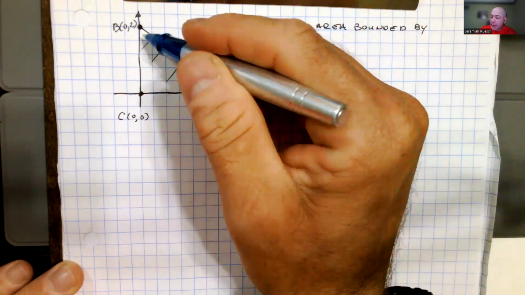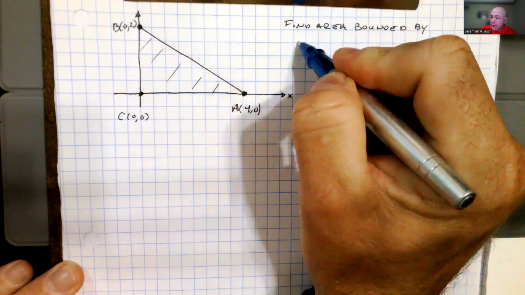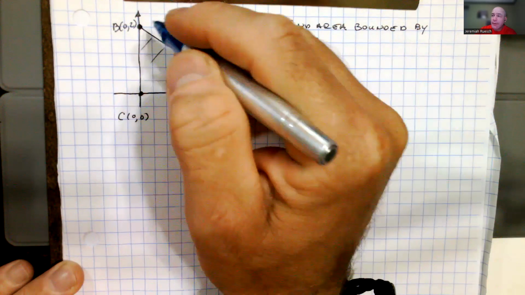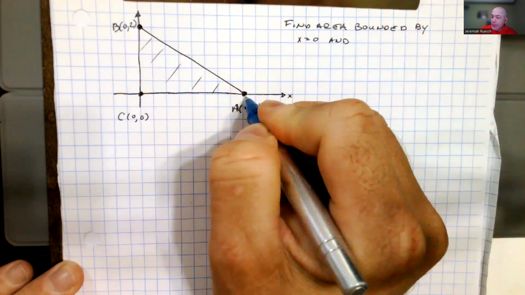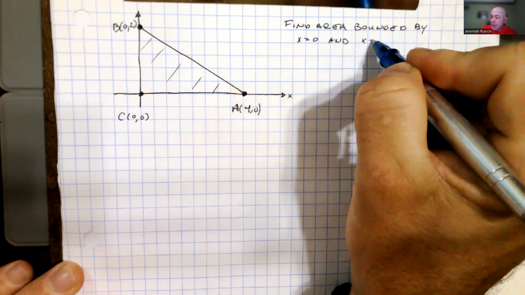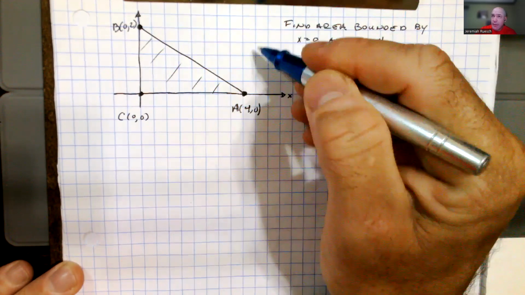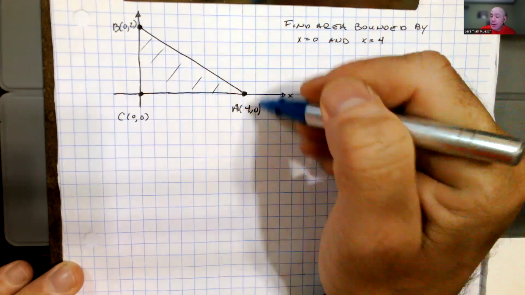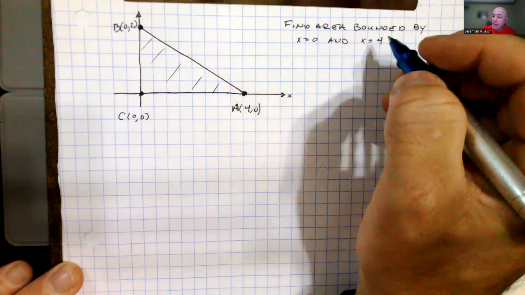Okay, so for the x values, it's going to be between x equals 0, which is this vertical line here, aka the y-axis, and this x-intercept here, where the line crosses the x-axis, x equals 4. But you could think of that as a vertical line running through x equals 4. I won't draw it in, but that is another way of thinking about it. And so x is bounded between those two.